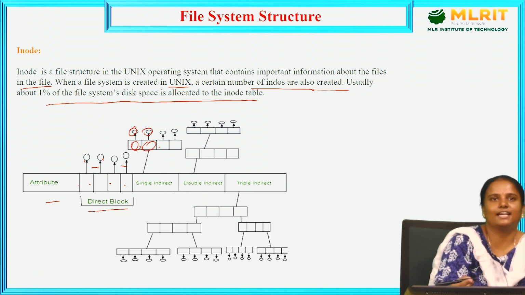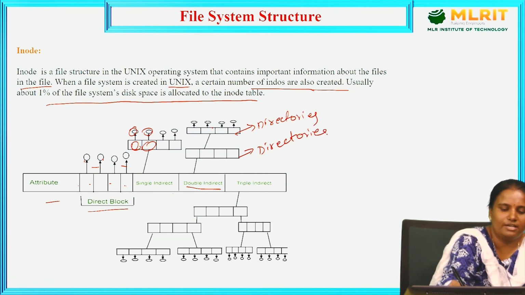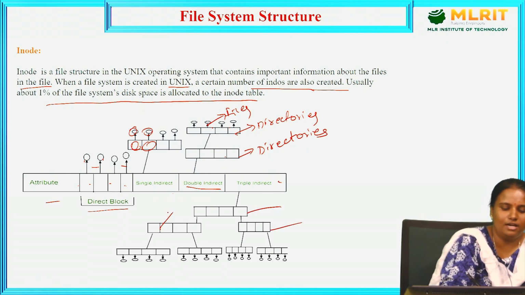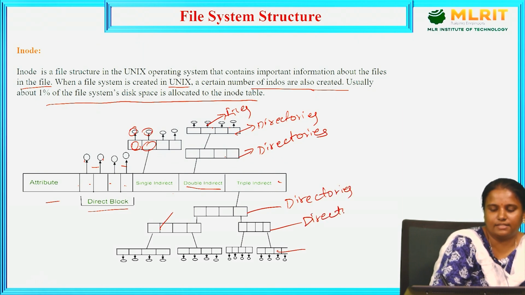A double indirect block consists of two directories with files. Whereas a triple indirect block consists of three directories in a hierarchical order, with files.